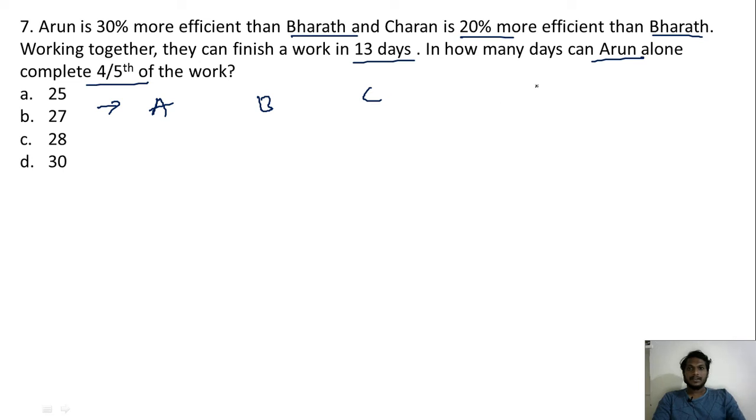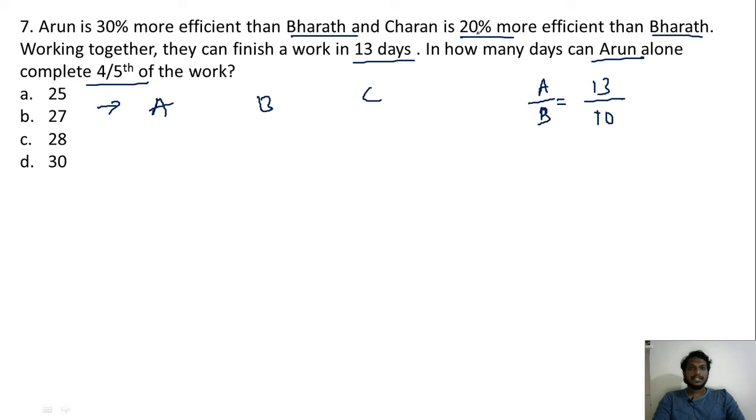Here Arun is 30% more efficient than Bharat. So if Bharat's efficiency is 10, then Arun's efficiency is 30% more, that is 30% of 10 is 3, and the efficiency of Arun will be 13.